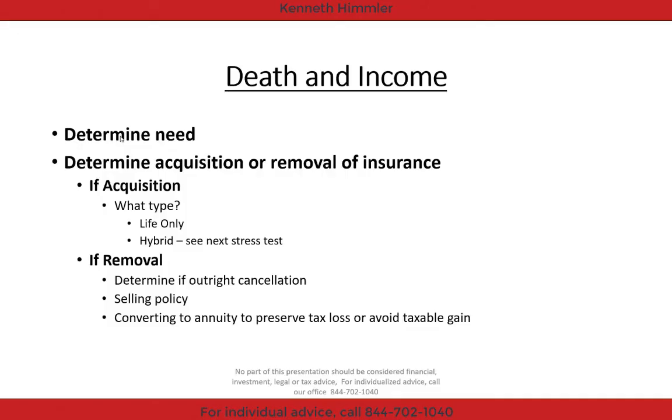So again, after that determination of life insurance, you have to determine: are you just going to outright cancel it, or are you going to sell it? Or here's another option. Can we convert it to an annuity to preserve the tax loss or avoid taxable gain? Life insurance can be a taxable event. So I warn you against just outright canceling a cash value life insurance.